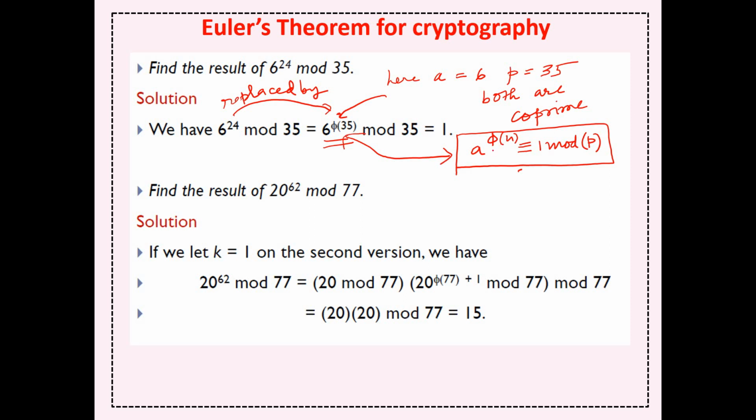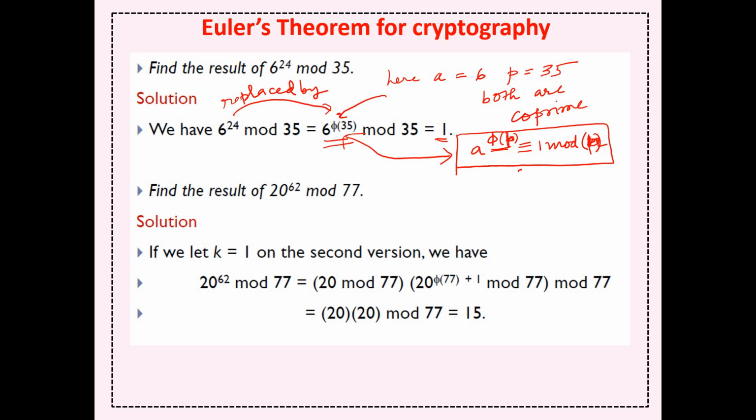This should also be n, I think. I mistook this. This should be n. Or if this is p, then this should be p, whatever. They should be the same. So this matches the template given. Hence, we can directly substitute that by 1 and write it as 1, without any computation.